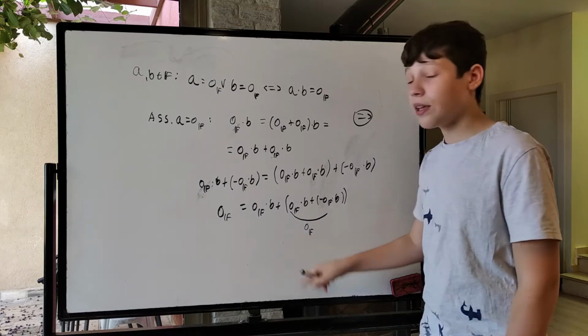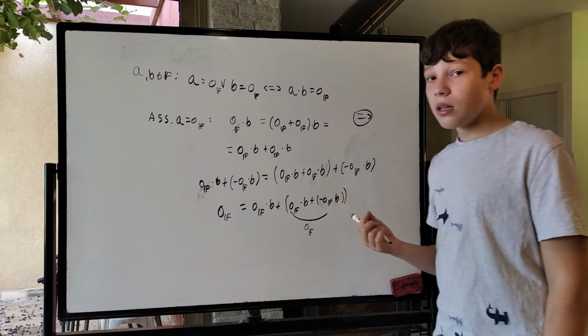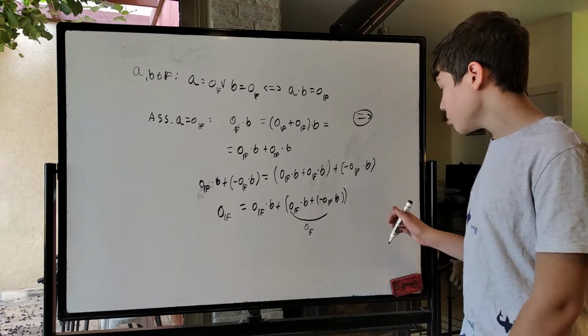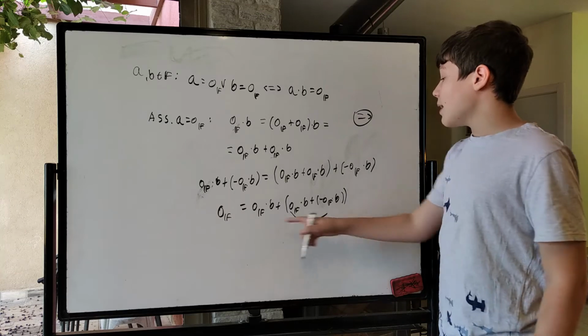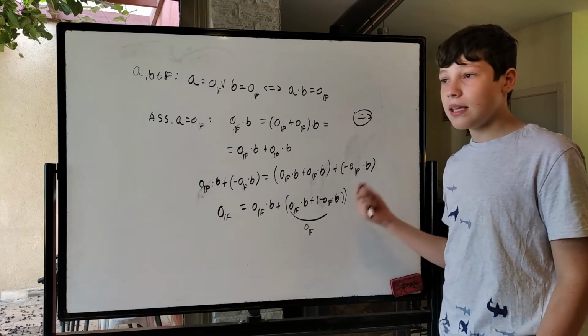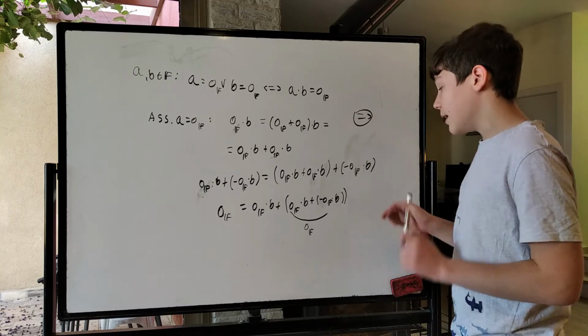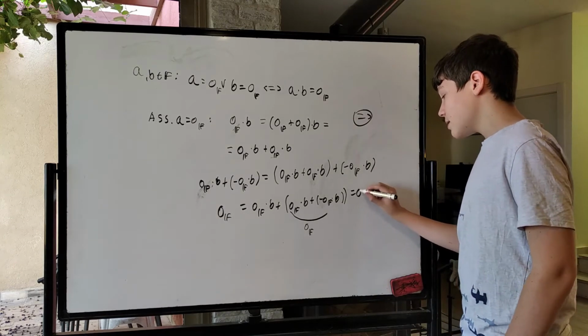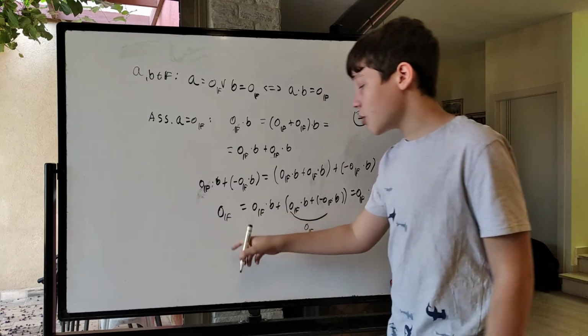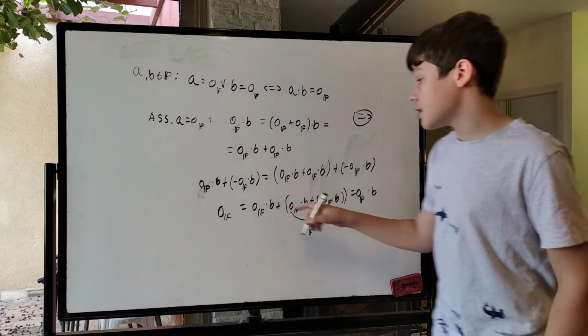By definition, anything plus its additive inverse is the 0 of the field. And now anything plus the 0 of the field, because this is the additive identity, by definition, stays 0 times b. And we've just shown that 0 times anything is 0.